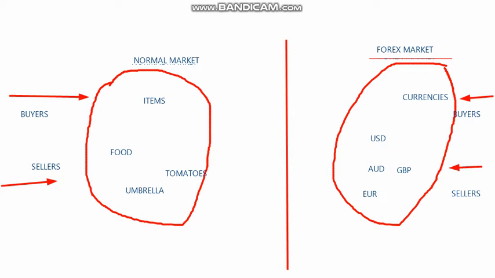Now what do they buy in the market? This is a normal market. A normal market contains items like food, umbrellas, tomatoes, we have many things.